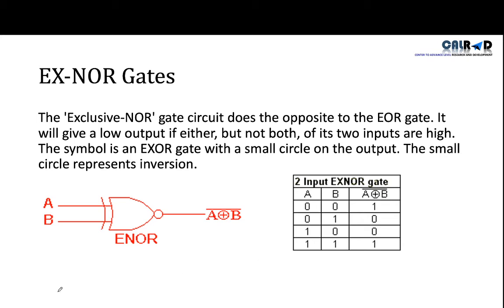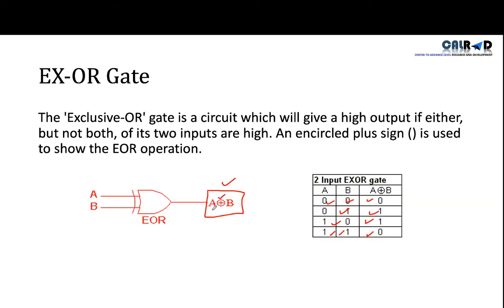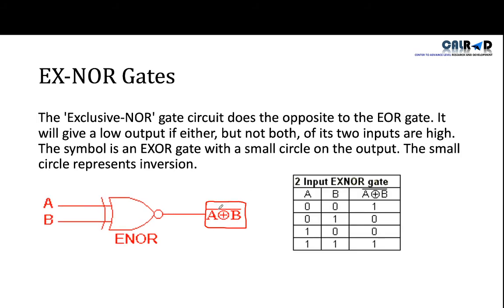Before going to the table, I told you how you will find that this is the output of an exclusive NOR gate. In the exclusive OR gate, there was only A with an encircled plus sign with B. But in the exclusive NOR gate, there will be A with an encircled plus sign with B, but with a bar on the top. This means this is the output of an exclusive NOR gate.